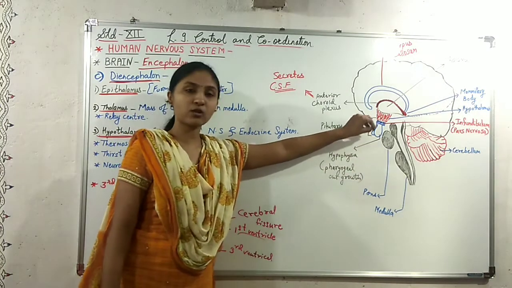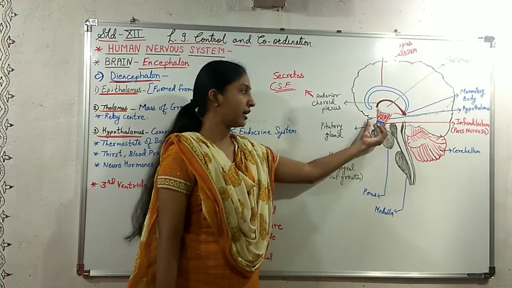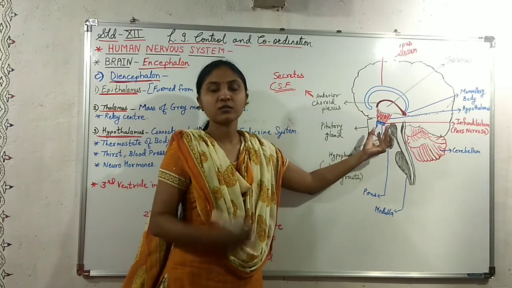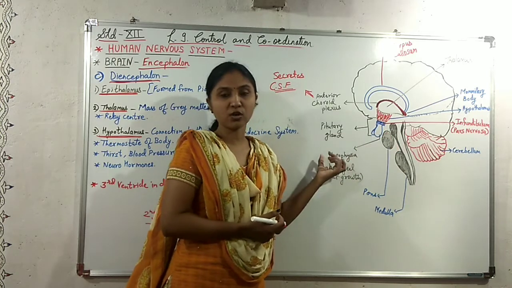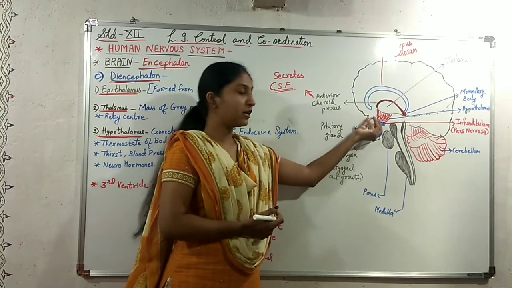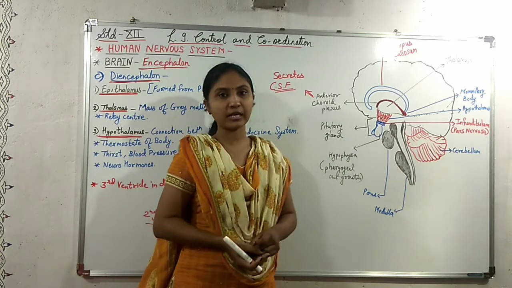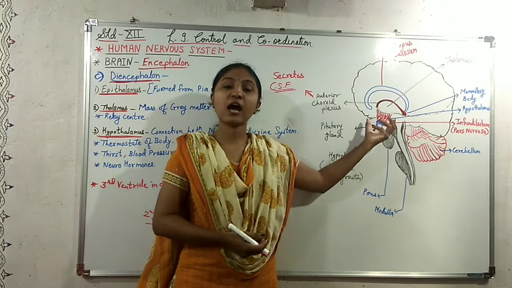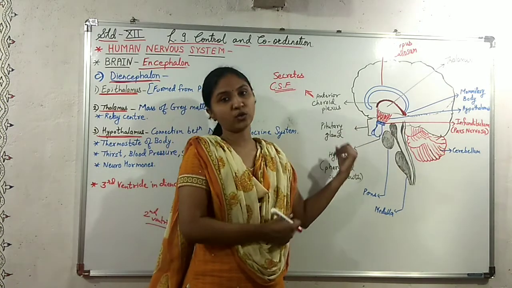The stalk-like structure below the hypothalamus is called the infundibulum, and it further turns into a swollen structure called the hypophysis. Infundibulum and hypophysis together make the pituitary gland. That's why this hypothalamus is called the connection between nervous system and the endocrine system.